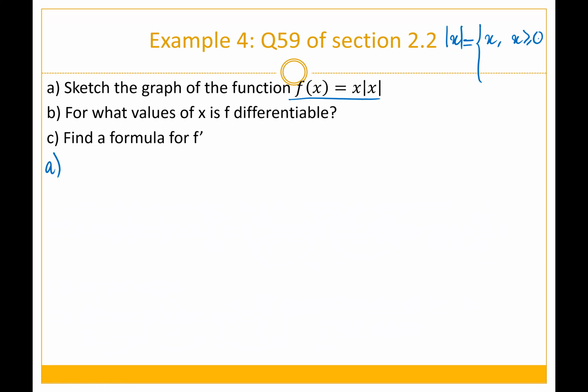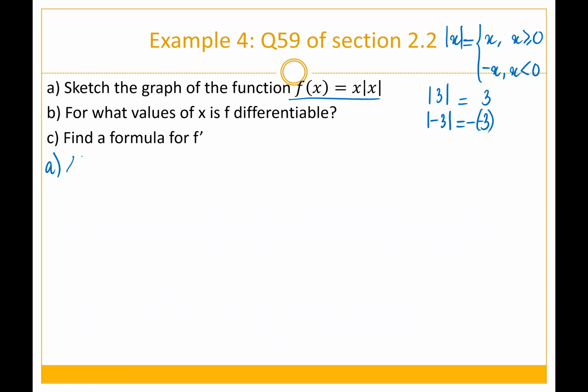If you have the absolute value of 3, it equals 3 because 3 is bigger than 0. But if you have the absolute value of -3, it's 3, and the other way you can write it is the negative of -3. So the absolute value of x equals negative x if x is smaller than 0. Just like here, when you have the absolute value of -3, it's the negative of itself because it's a negative number.